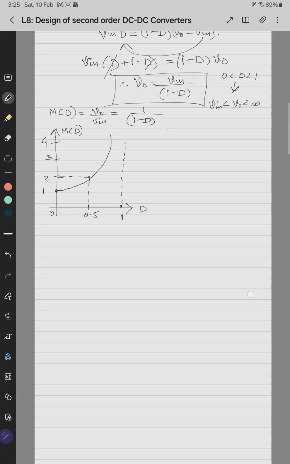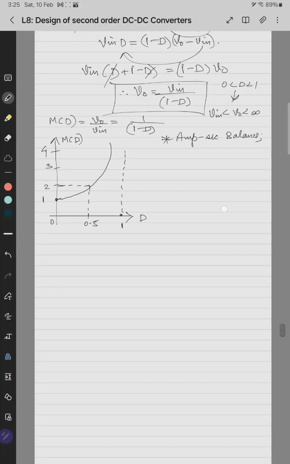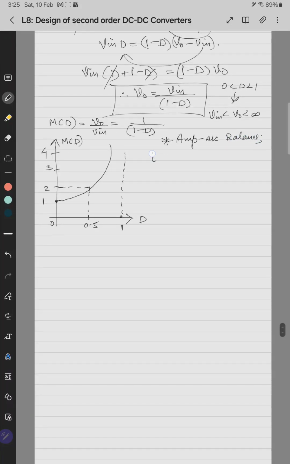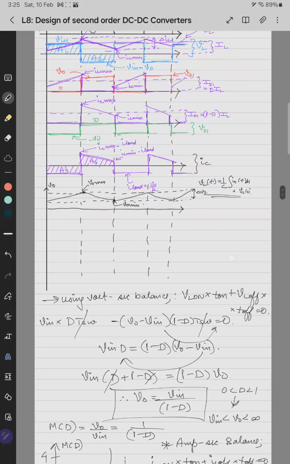So let's do the current second balance, or amp second balance. Using amp second balance, what is the amp second balance? IC on into T on plus IC off into T off equals 0, which means that A3 equals A4, mod of A3 equals mod of A4. Here we don't take any sign.